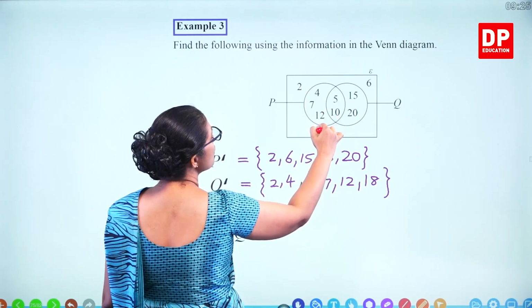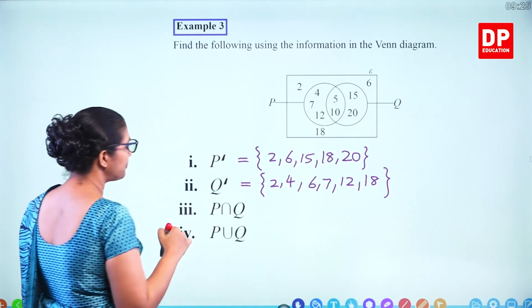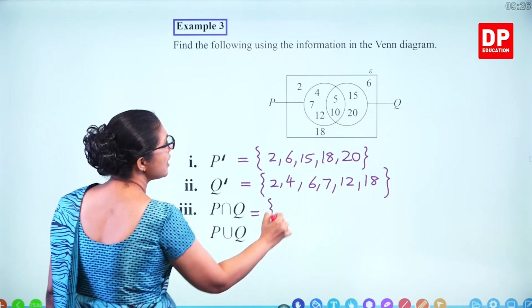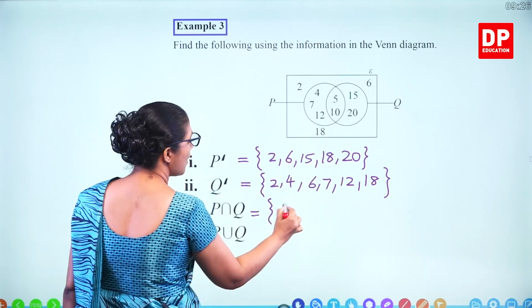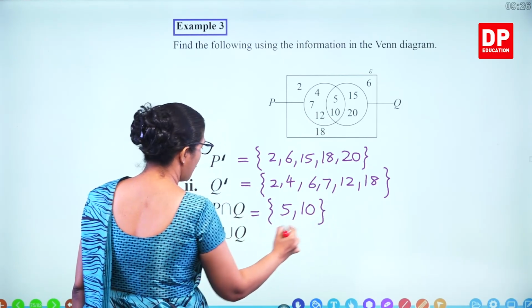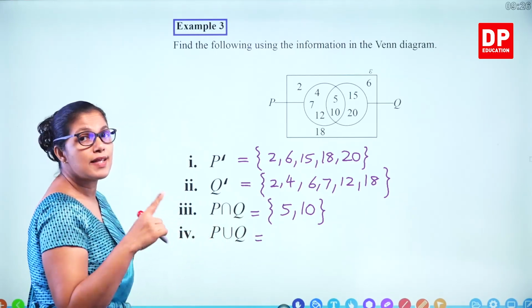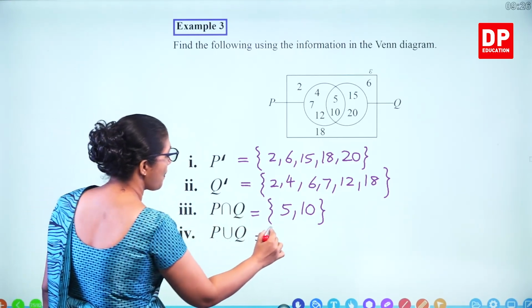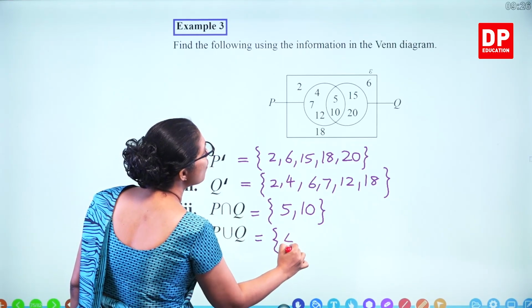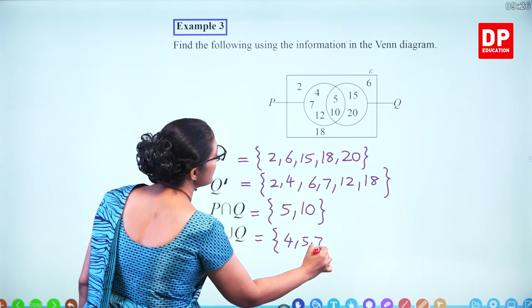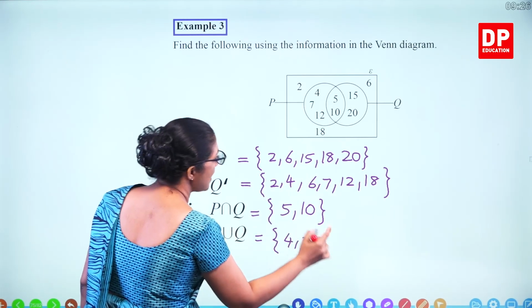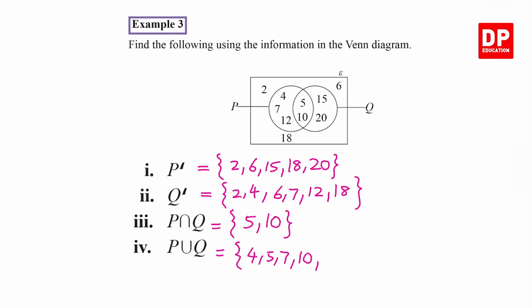The intersection, the common part: 5 and 10. P union Q means everything inside the two circles: 4, 5, 7, 10, 12, 15, 20. Those are the numbers inside.